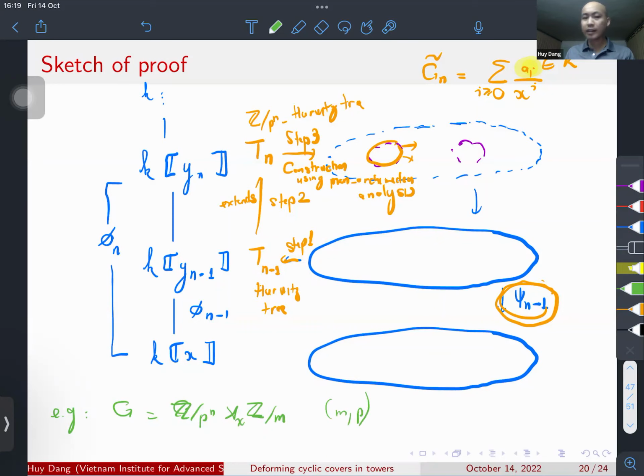You can define a Herbrand with extra information coming from the semi-direct product here. Then you can still say many things about the deformation. It will require more computation.